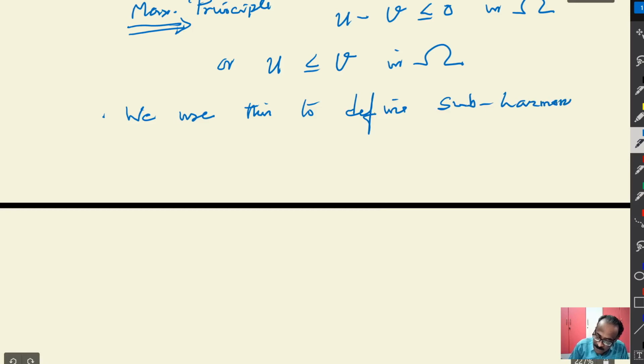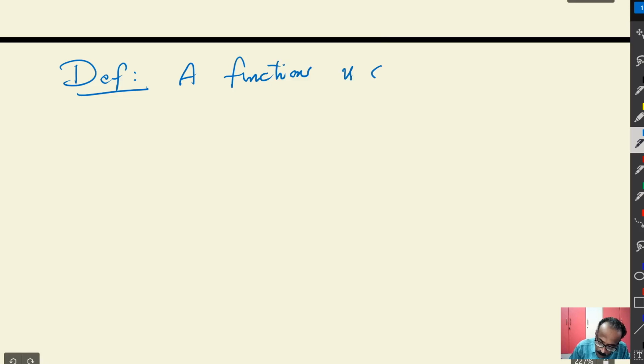Subharmonicity for continuous functions. So similarly for superharmonic functions. You have your definition: a function u belonging to C of omega bar is said to be subharmonic.